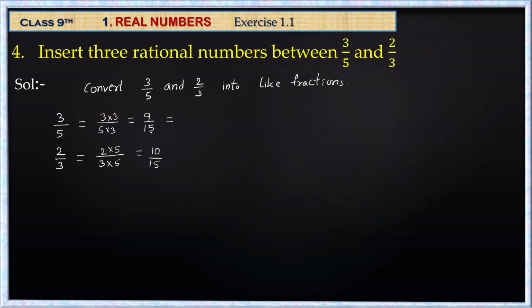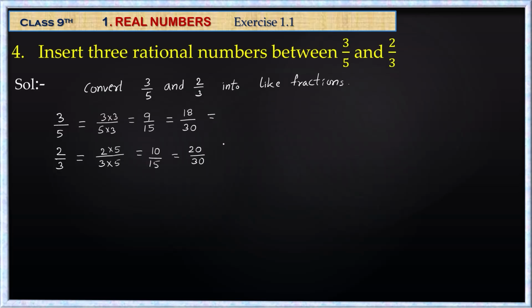By multiplying 15 with 2, we will get 30, and 9 times 2 is 18. 18 by 30 is another equivalent fraction. And also multiply 15 with 2 and 10 with 2, we get 20 by 30. Observe these two numbers. Between 18 and 20, we can insert only one number, 19. But we require three numbers.